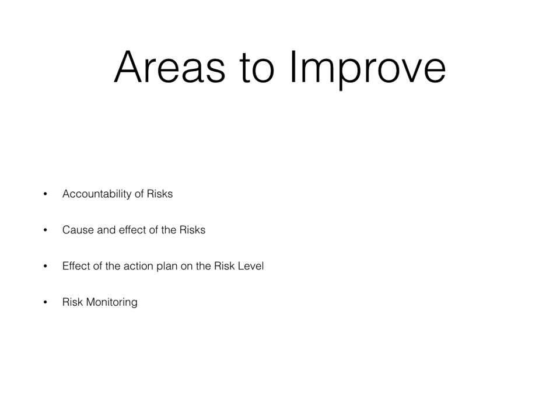Another area to improve is the effect of the action plan on the risk level. If the action plan reduces the risk, it should be clearly indicated in the risk management plan. The last one is that risk monitoring is not clearly defined in the risk management plan. So these are the areas the team might look forward to implementing in the next version of the risk management plan.